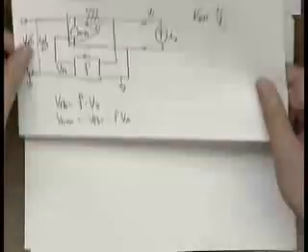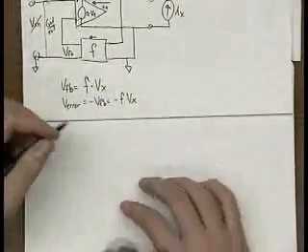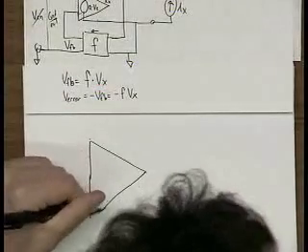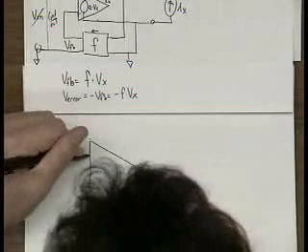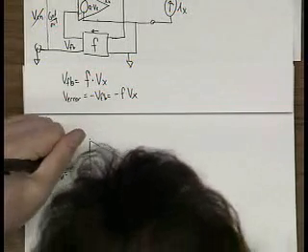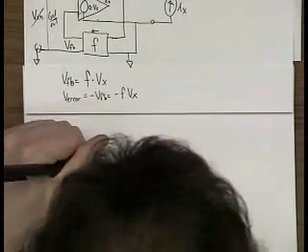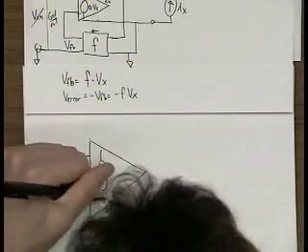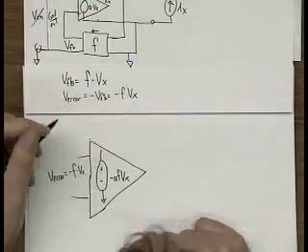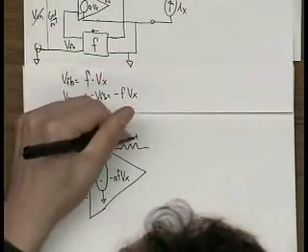Okay? So just to simplify things, I'm just going to redraw this network again a little bigger. So V error equals minus F times Vx. So in here, this is A times V error. This voltage is minus AF times Vx. Okay. R out.